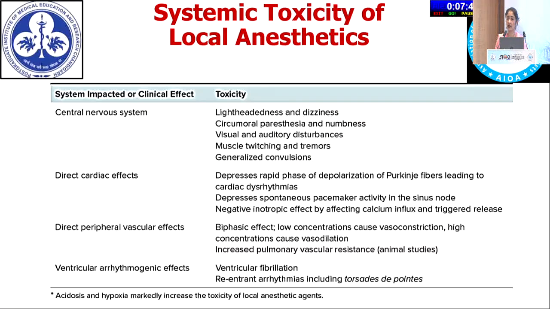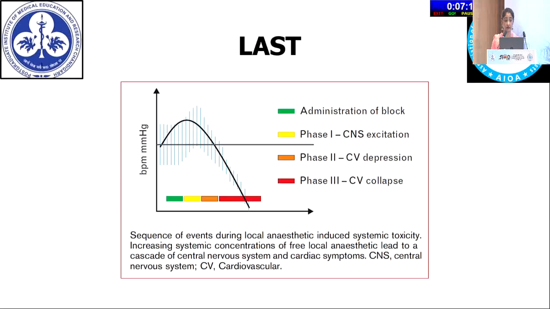Any patient who complains of lightheadedness, dizziness, visual and auditory disturbances, muscle twitching, tremors, and at worst develops a seizure should always be suspected of local anesthetic toxicity, because local anesthetics affect depolarization and repolarization in the conduction pathways of the heart. So arrhythmias, hypotension, hypertension, all kinds of cardiovascular abnormalities can occur.